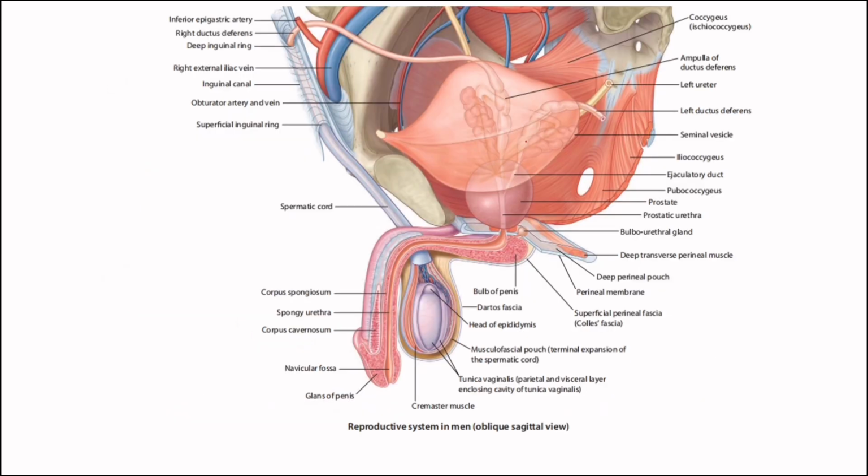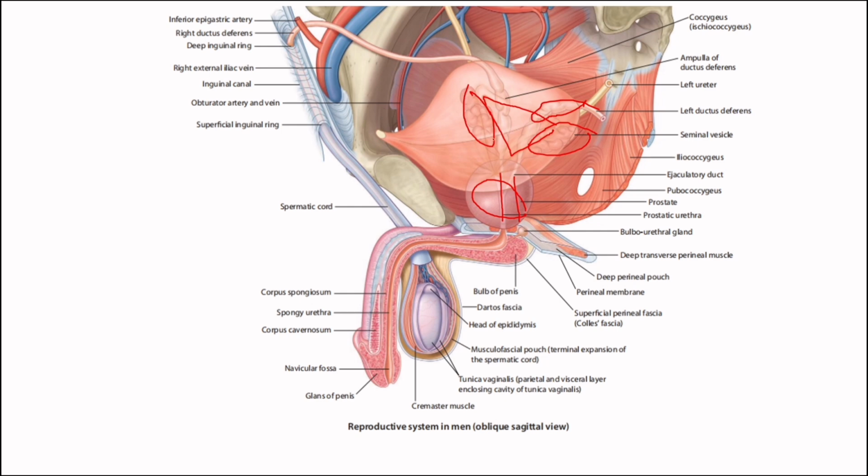Another viewpoint of the male bladder. The prostate gland communicates with the neck of the bladder. Then the trigone of the bladder, which is the base. The seminal vesicles form the posterior relations of the bladder, along with the vas deferens.